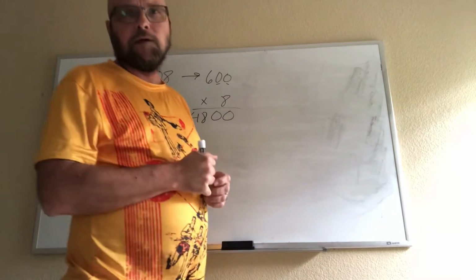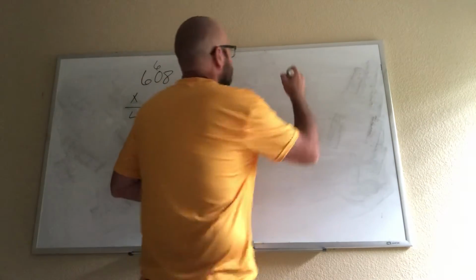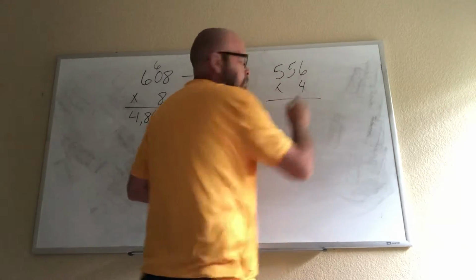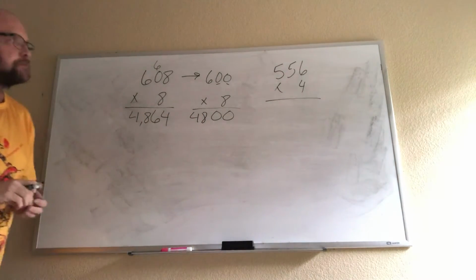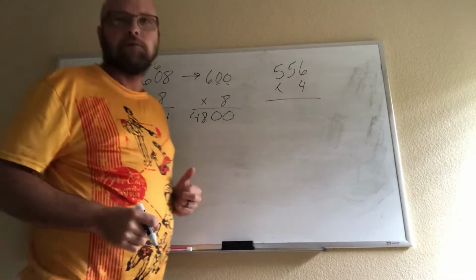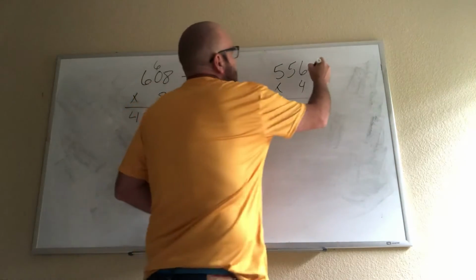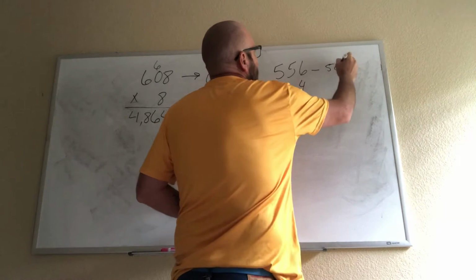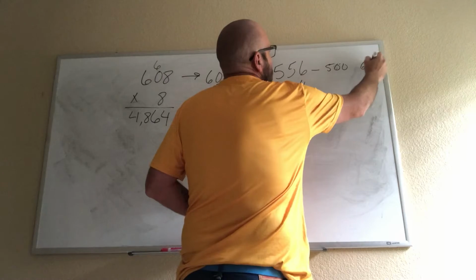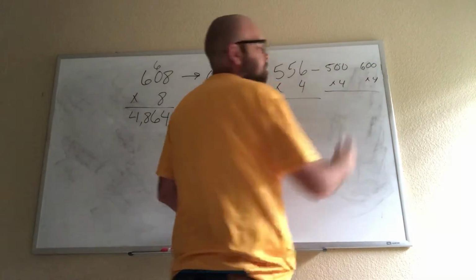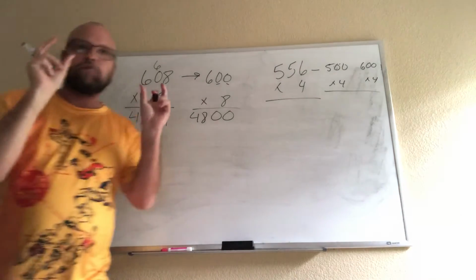The second one is 556 times 4. And again, I'll post this on the Google Classroom, so if I'm going too fast, just don't worry about it. If I make this 500, and I do a second one, 600, and I multiply them by 4, it's going to give me where my answer will be between.